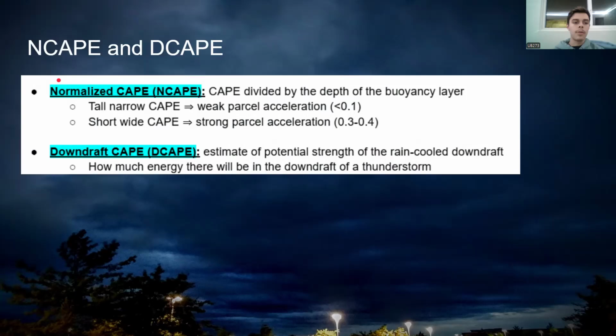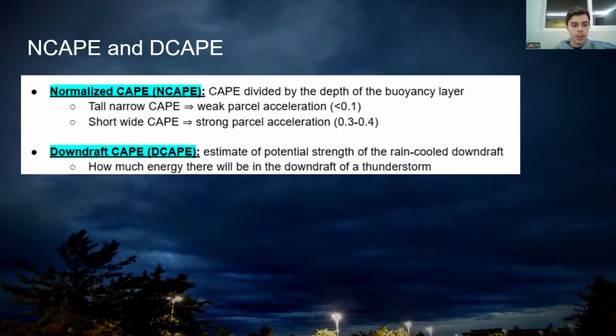All right, then we have NCAPE and DCAPE. Normalized CAPE is CAPE divided by the depth of the buoyancy layer. This is basically what's helping us with the CAPE shape we were talking about. Normalized CAPE is telling us the shape in terms of a number.